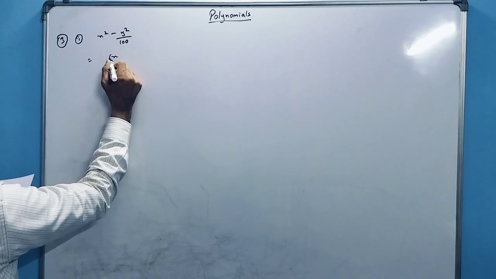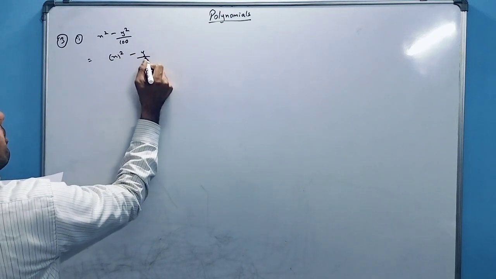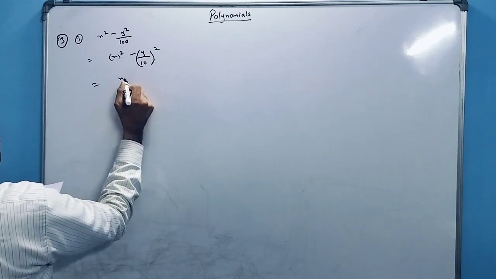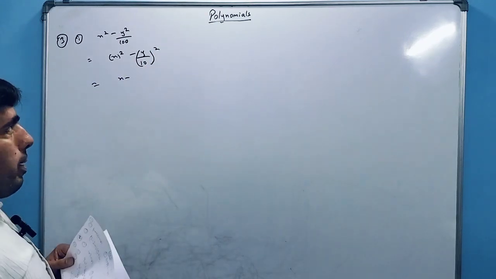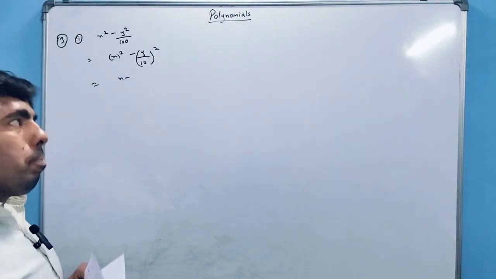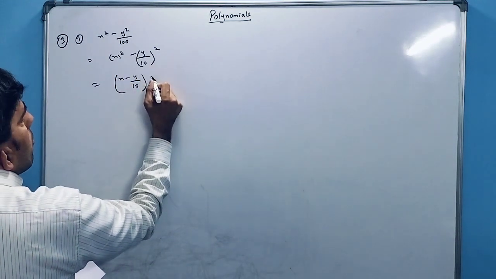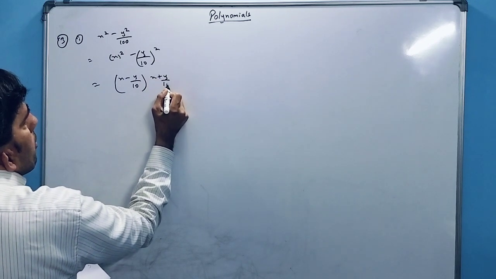So I can write it as a square minus b square. So I will get (x minus y)(x plus y). Okay, (x minus y)(x plus y).